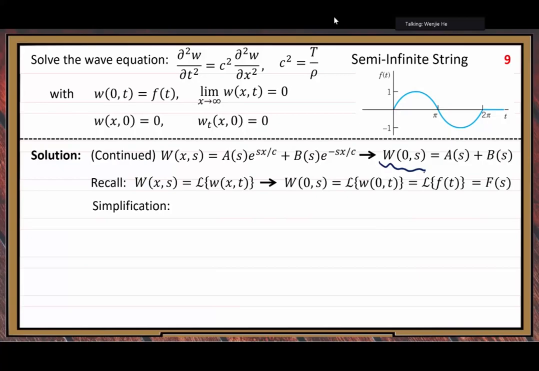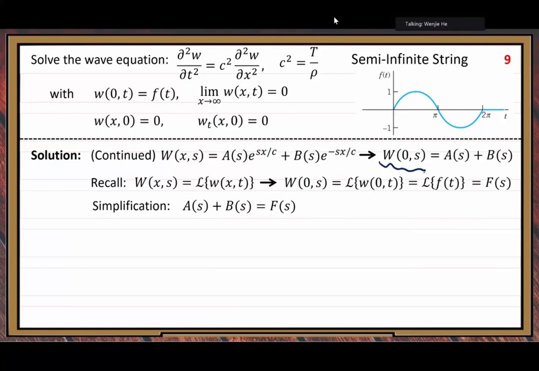Now we do the simplification. Because we have that, capital A of s plus capital B of s equals capital F of s. That's the first equation. It's not enough to find the capital A function and the capital B function, because it's one equation with two unknown functions.